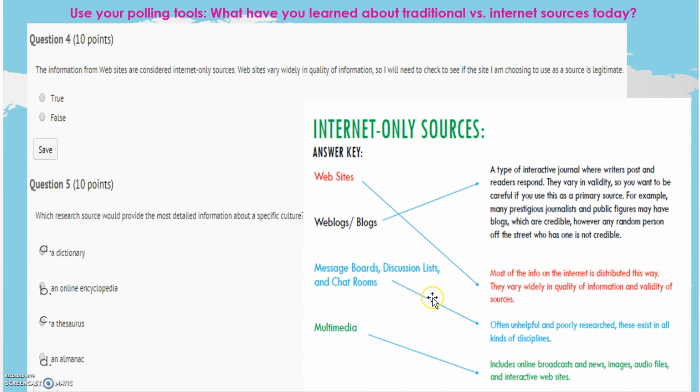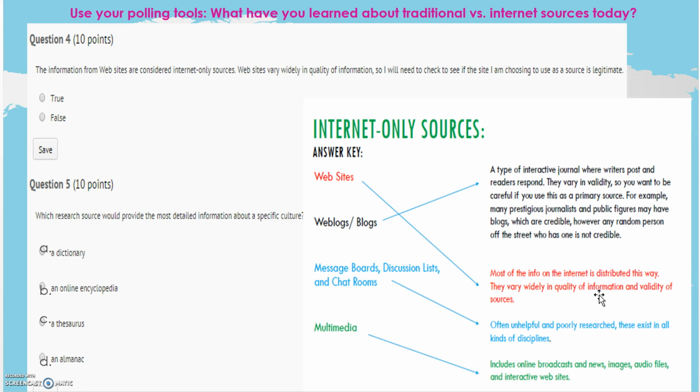Message boards and chat boards are helpful as a place to start. Oftentimes you would not want to cite that as information, but it's a place to start to find more information, right? Websites are how most of the information on the internet is distributed. Beware, the quality might not be so great, right?